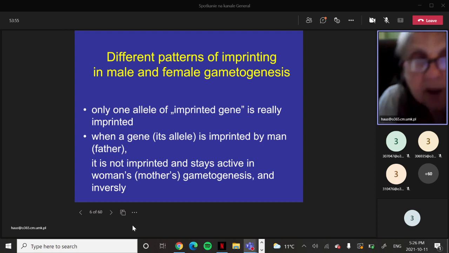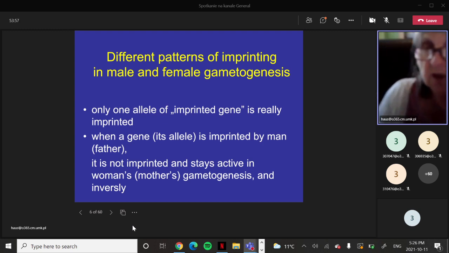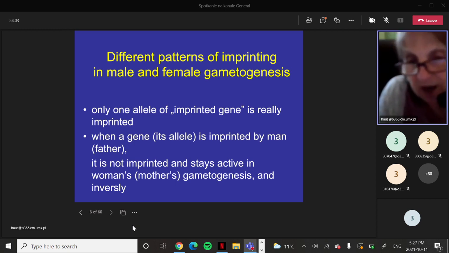Every gene has 2 alleles. When one allele is imprinted by, for example, man, the second allele is not imprinted by woman.